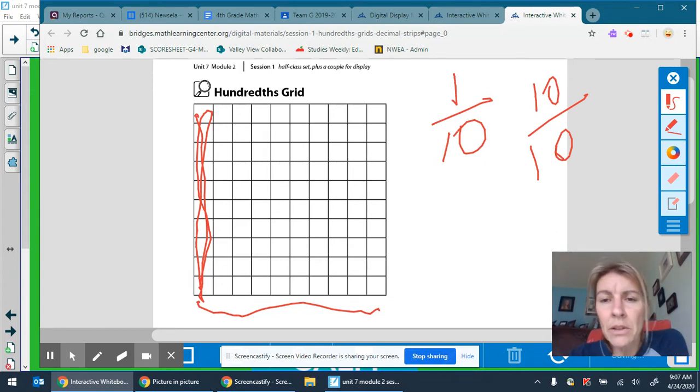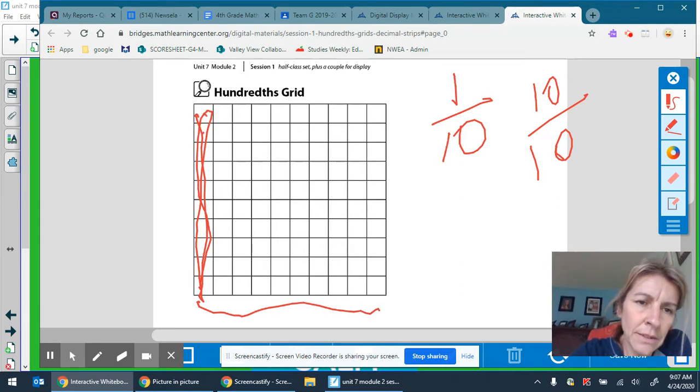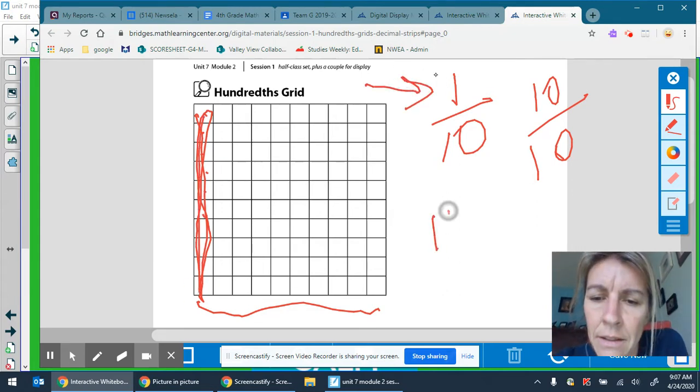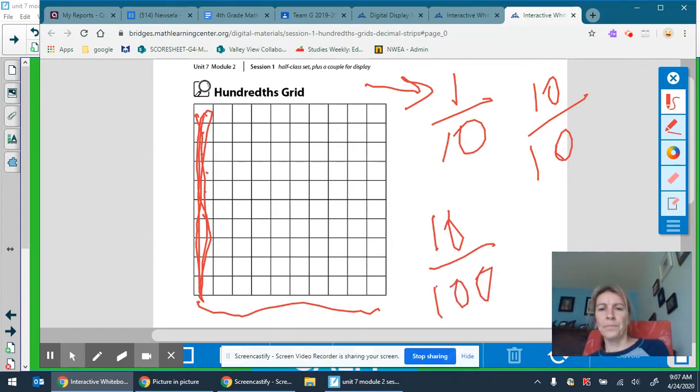Now, how do we look at an equivalent fraction out of 100? Well, how many are in this one strip that you represented here? There are 10 units. And instead of saying the 10 strips up here, there are actually 100 units in this whole.